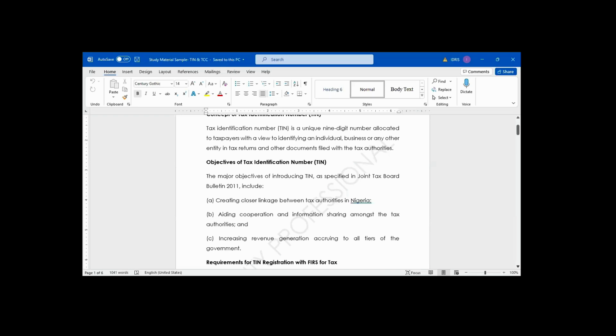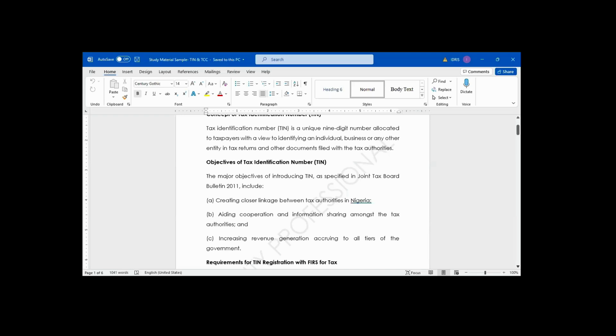Another objective of tax identification number. Tax identification number increases revenue generation accruing to all the tiers of government. By issuing tax identification number to every company, it will make tax authority generate more revenue because more taxpayers are going to be in the tax net.